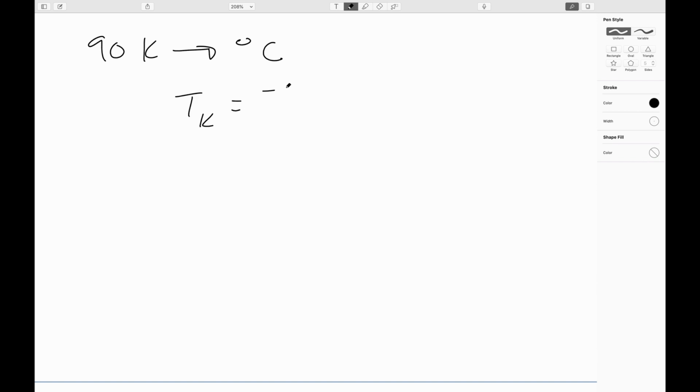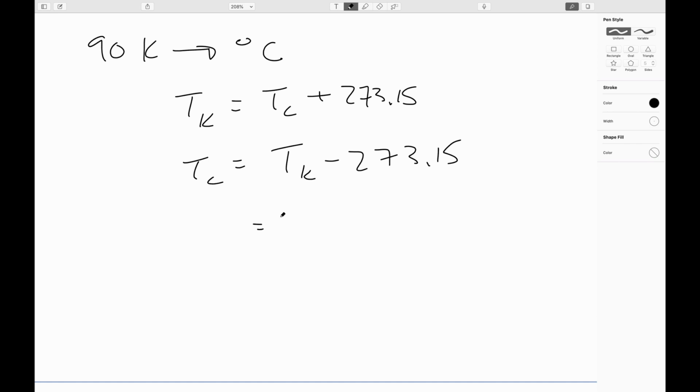T_K equals T_C plus 273.15. So a Celsius reading would be the Kelvin reading minus 273.15. So this will be 90 minus 273.15, which is negative 183.15 degrees C.